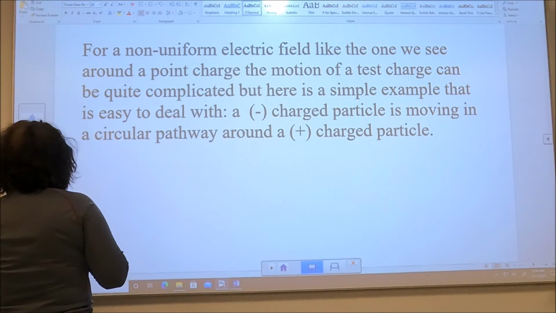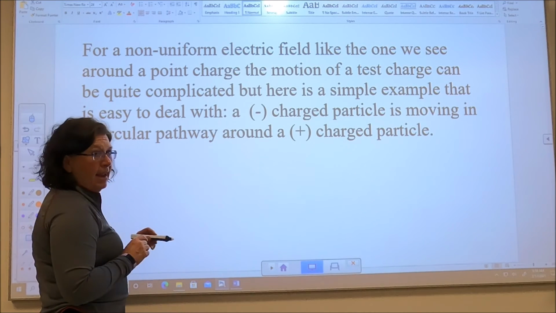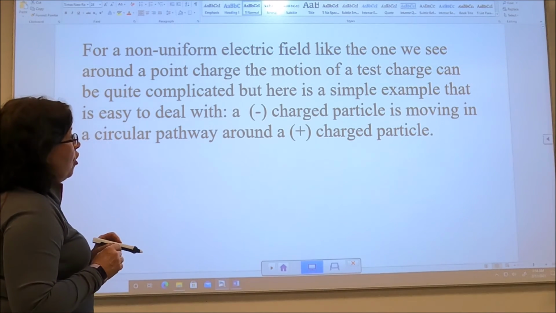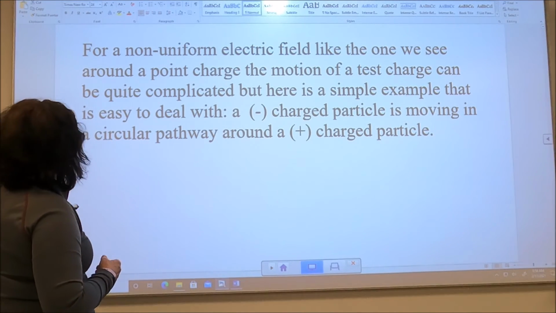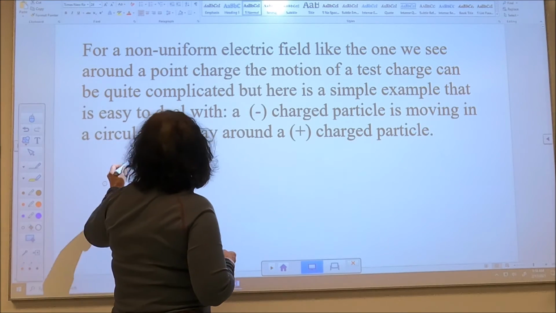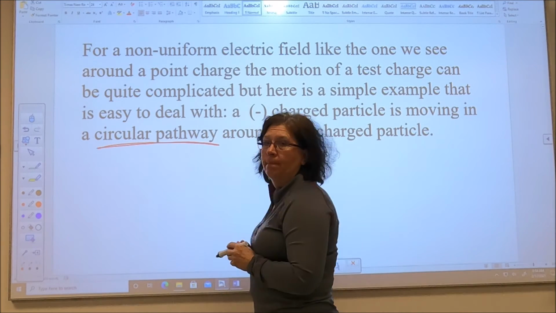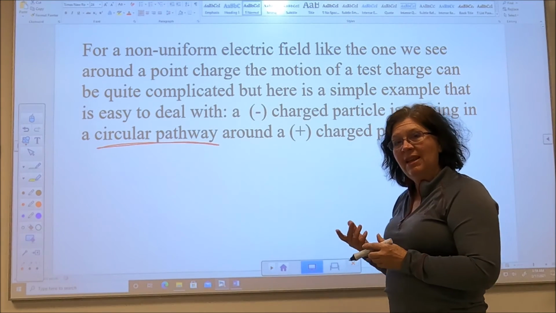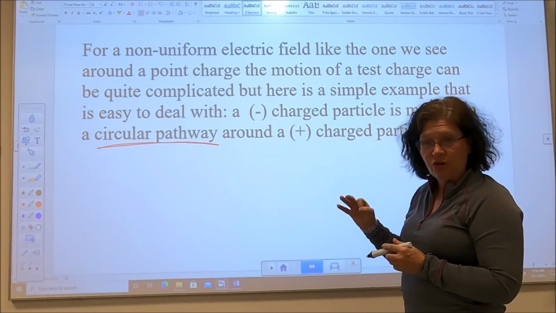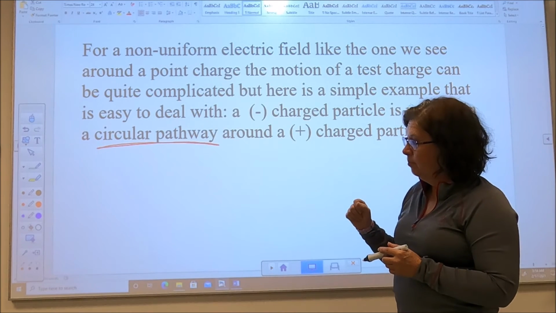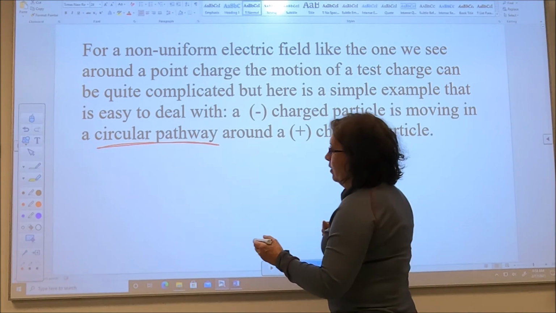What we want to look at is a very specific case for a charged particle entering a non-uniform electric field. Namely, we're going to concentrate on circular pathways, so they stay a constant distance from the charged point mass, and they're moving around.